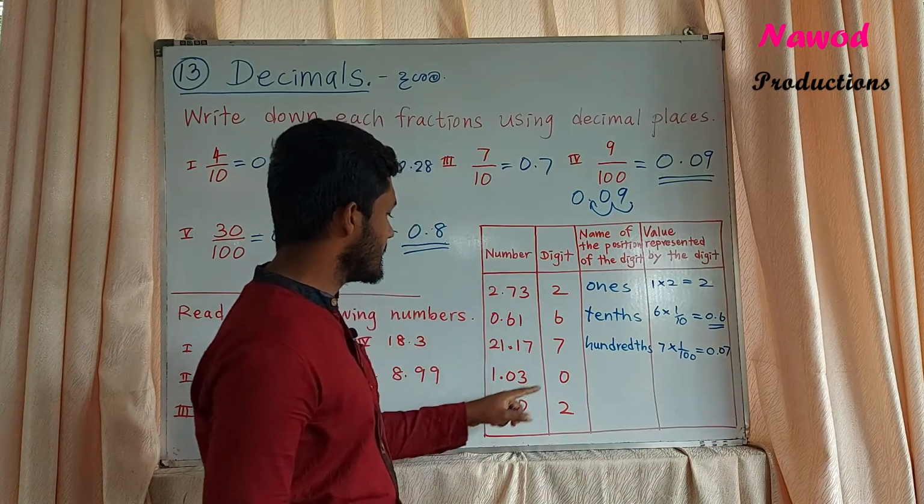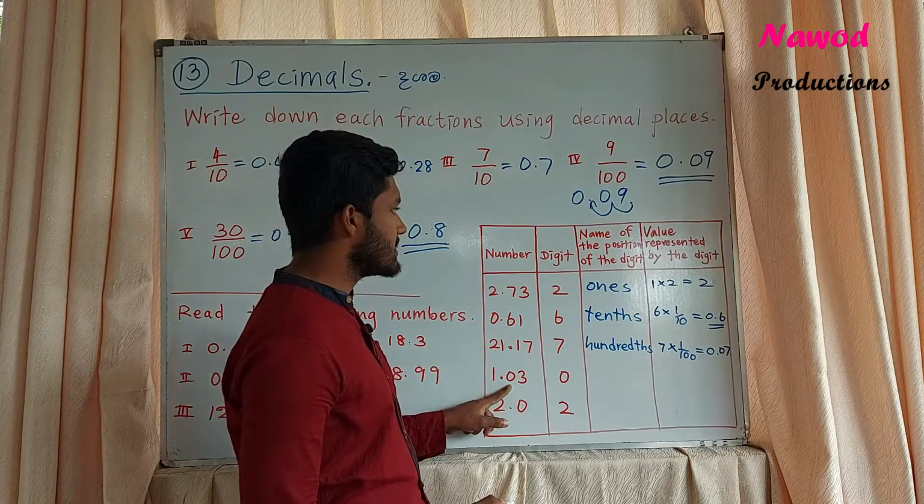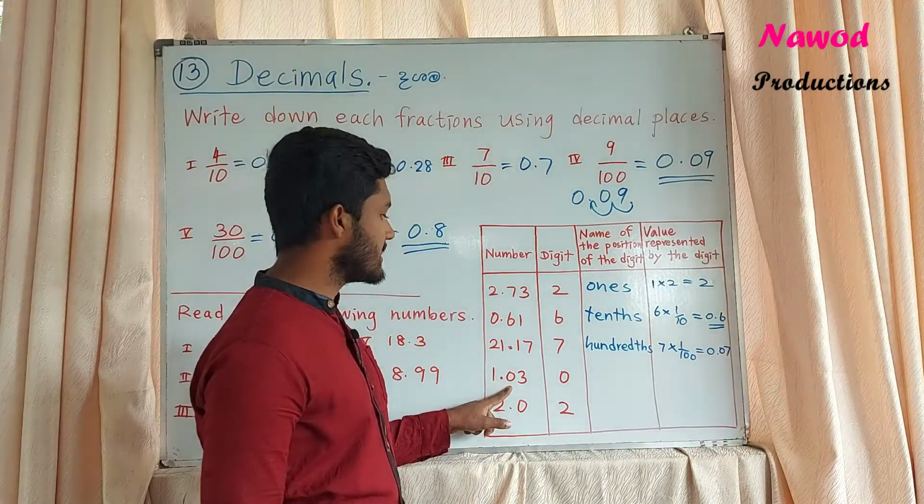Digit 0, 1.03. The place is the name of the position of the digit.